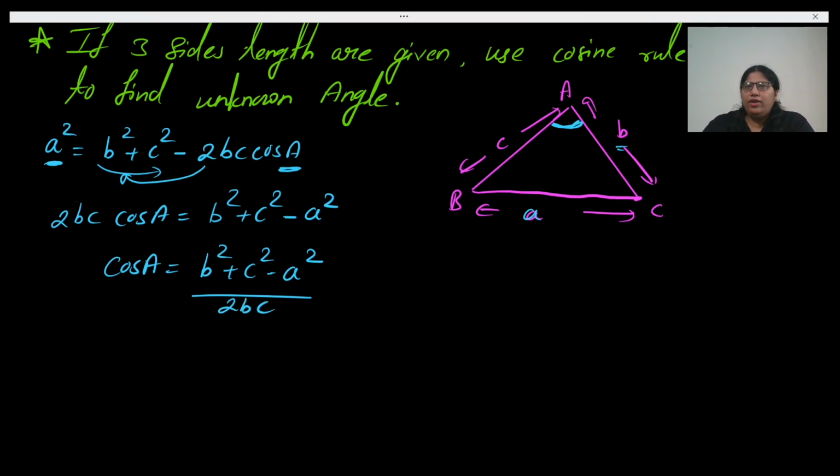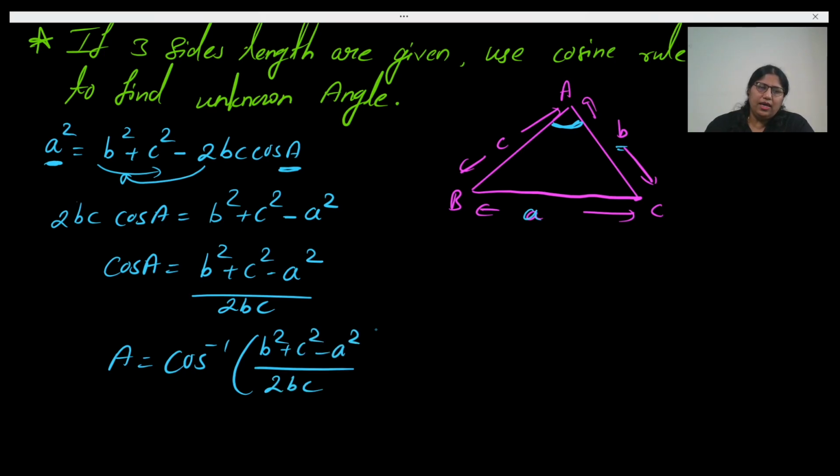Now again, how are you going to use it? If I need to find out the angle and all three side lengths are given, whichever angle is unknown, you have to see the opposite side. The opposite side you are going to subtract, divided by 2BC. Now how to get A? A will be cos inverse of B square plus C square minus A square by 2BC.